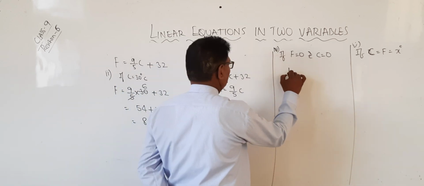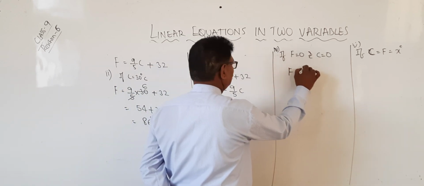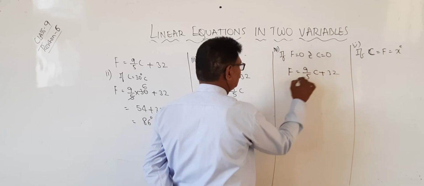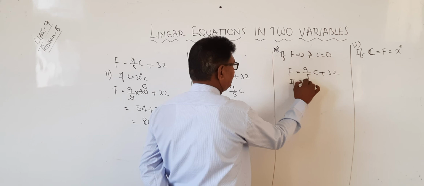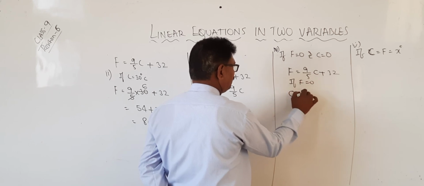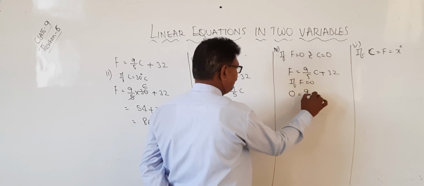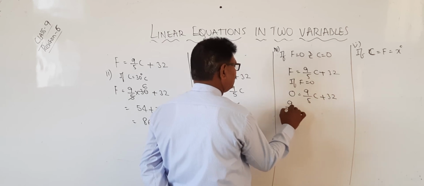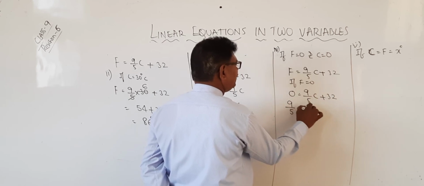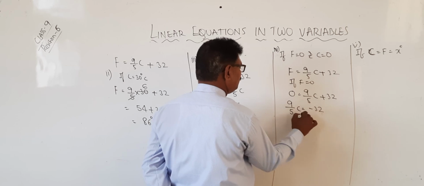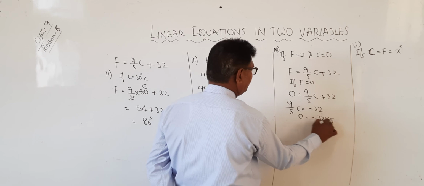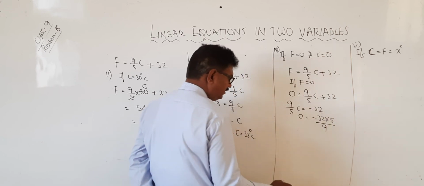Now here, same, we have F equal to 9 by 5 C plus 32. If F equal to 0, then 0 equal to 9 by 5 C plus 32, or 9 by 5 C equal to minus 32, or C equal to minus 32 into 5 divided by 9.